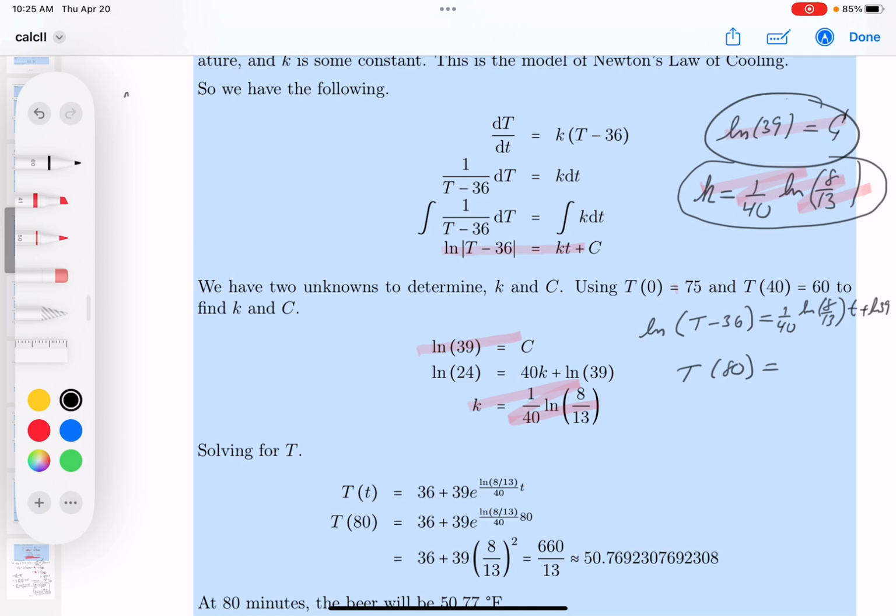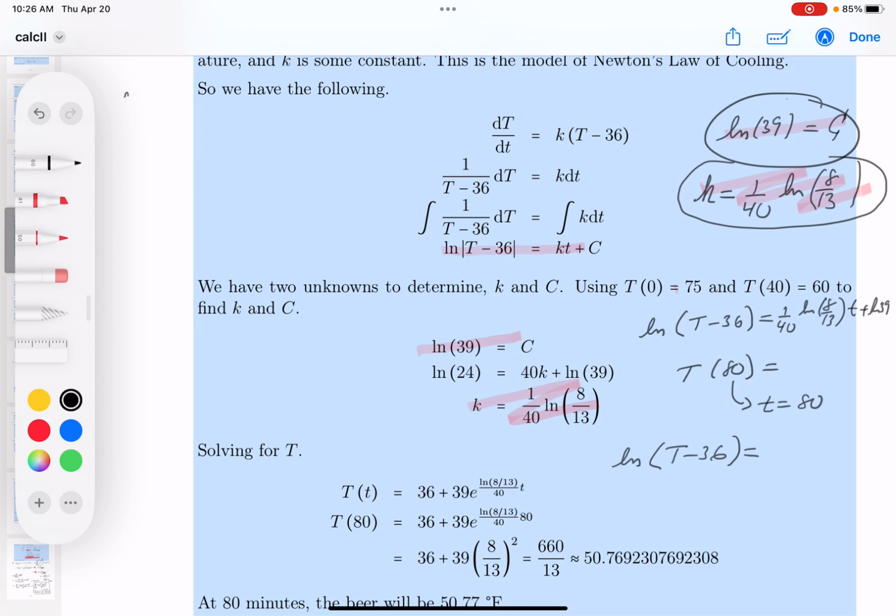Now, what are you plugging in? Well, I'm plugging in this thing over here, which is T. T is 80. But I don't know the T at 80. I just plug it in. Let's write that down for you. So you can get natural log, I don't know the T, minus 36 is equal to, and let's write this down.